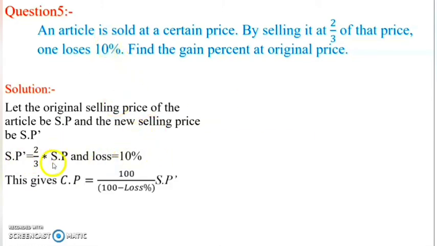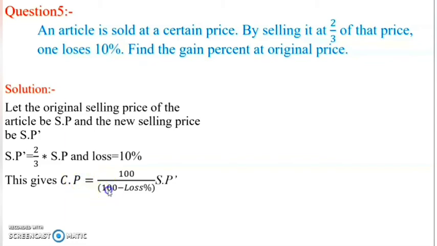So by using these two data, you can find the cost price, which is equal to 100 upon 100 minus loss percentage into SP dash. Here we use SP dash because we are using the second data, which says that if the selling price is SP dash, then you lose 10%.